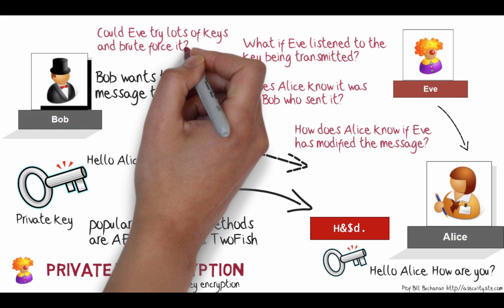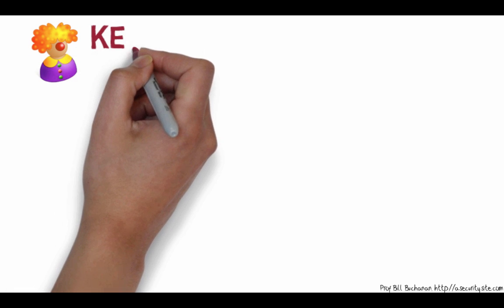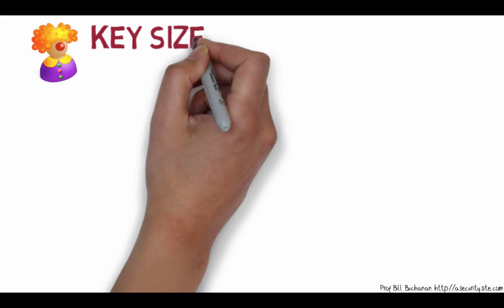So even though she hasn't been able to listen to the keys, is it possible for her to take the ciphertext and then try lots of keys to be able to brute force the key that Bob used? Hopefully we'll answer all of those questions in the next few presentations.